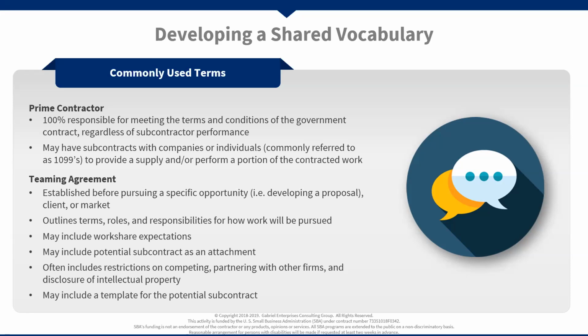The other thing that's going to be in your teaming agreement is whether you're going to have exclusivity in working with other firms, and non-disclosure of intellectual property and other trade secrets. And again, you can put out some of the details for the subcontract, either as a separate attachment or sometimes within that teaming agreement itself. You say, okay, this is what we've already agreed on. Let's set forth some of the key provisions for our subcontract.